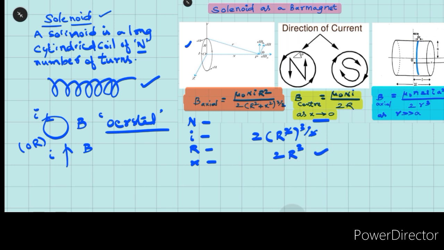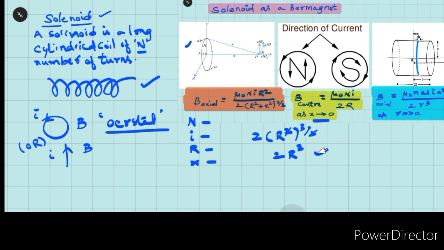If the current is in anti-clockwise direction, then the side which is facing towards us is a north pole, and the face which is facing opposite to this side is a south pole. When the current is passing through a coil in a clockwise direction, that side behaves as a south pole.